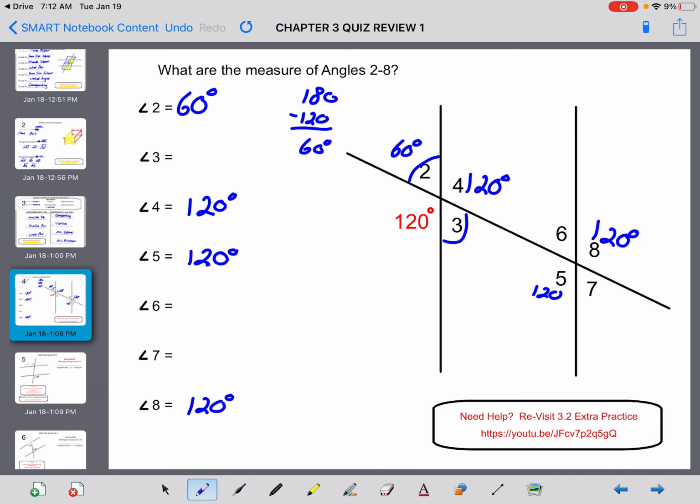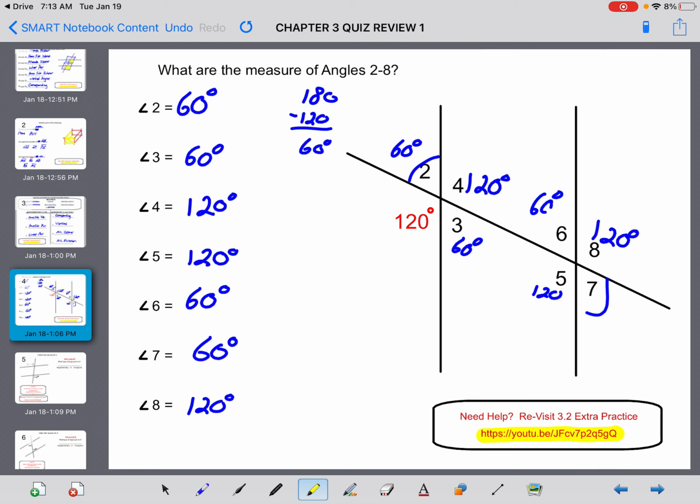Angle 2 and angle 3 are vertical, so angle 3 is also 60 degrees. Angle 2 and angle 6 are corresponding, so it's 60 degrees. And angle 2 and angle 7 are alternate exterior angles, so angle 7 is 60 degrees.